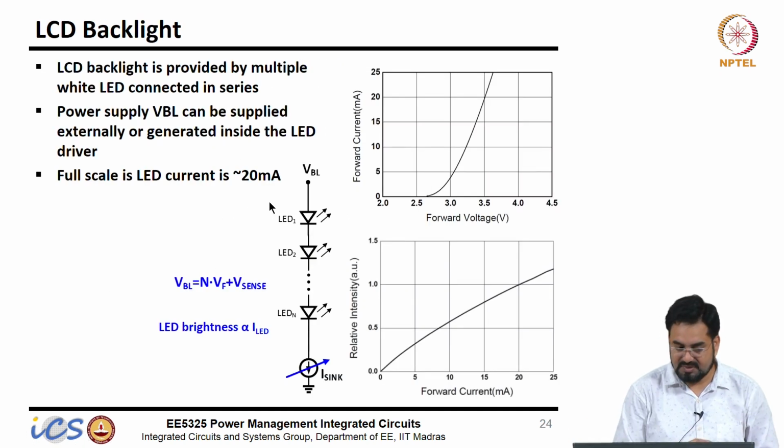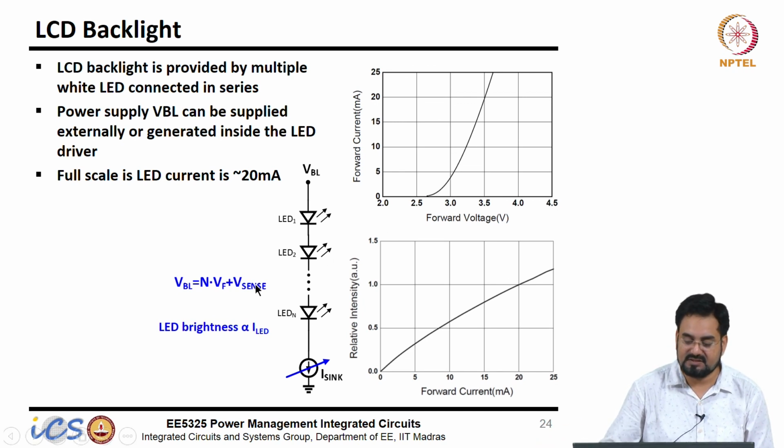Okay, so backlight requires LEDs, and these LEDs have a certain forward voltage. It is not like a normal PN junction diode which has 0.7 volt, but these are much higher, mostly on the order of more than 3 volt or so. If it is a white LED, it may be 3.3 to 3.5 volt, and with the forward voltage, your forward current also changes.